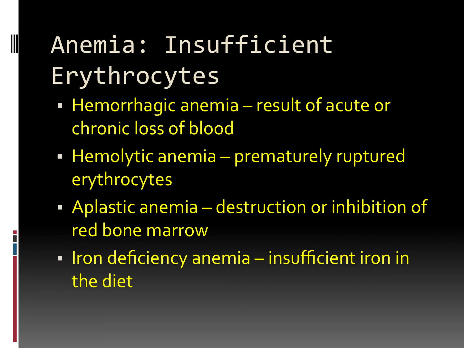If there's not enough iron in the diet, not enough spinach and leafy greens or meat, red meat in particular contains a lot of iron. If people aren't eating enough foods that contain iron, then they might not have enough iron to make enough hemoglobin to have enough red blood cells.